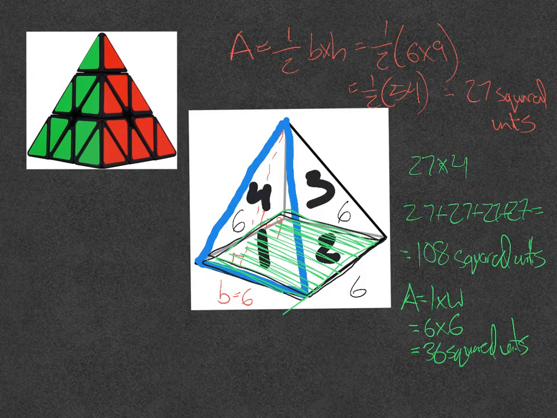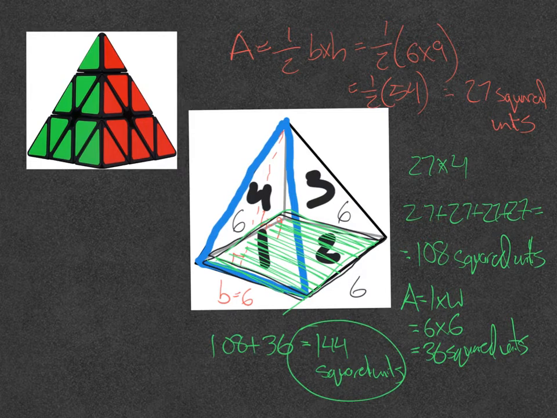Then we just need to add them together. We have 108 plus 36, and that's going to give us 144 square units. So again, the concept is the same. You need to find the area of all the faces and add them together.